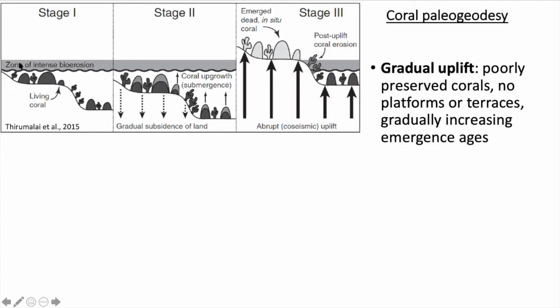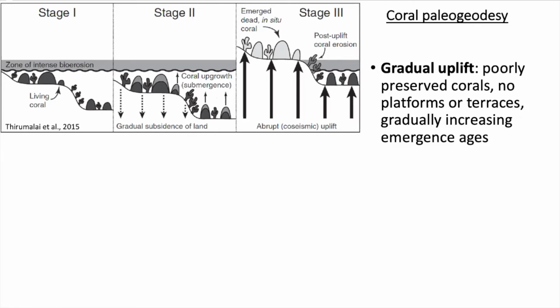So the intertidal zone, shown here in gray, is highly erosive due to the presence of small creatures like echinoids, and these creatures that live in the intertidal zone erode the coral morphology. So if the coastline uplifts gradually, we expect poorly preserved corals, no distinct platforms or terrace levels, and gradually increasing emergence ages.